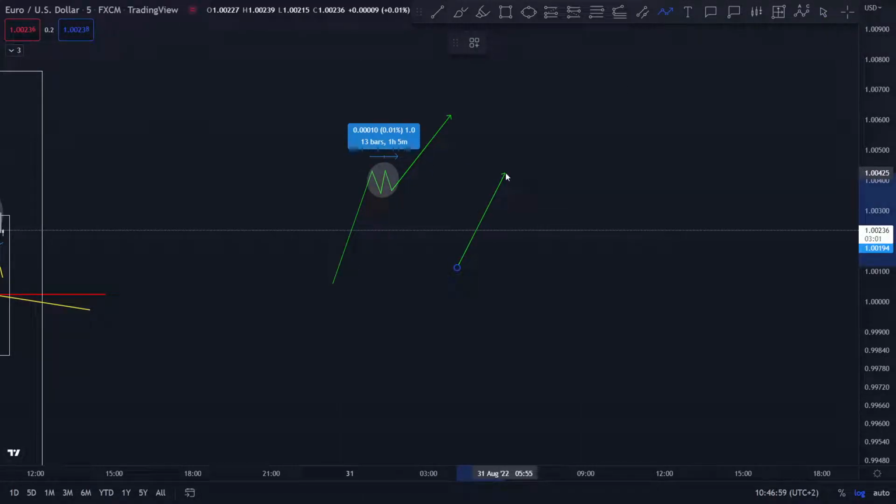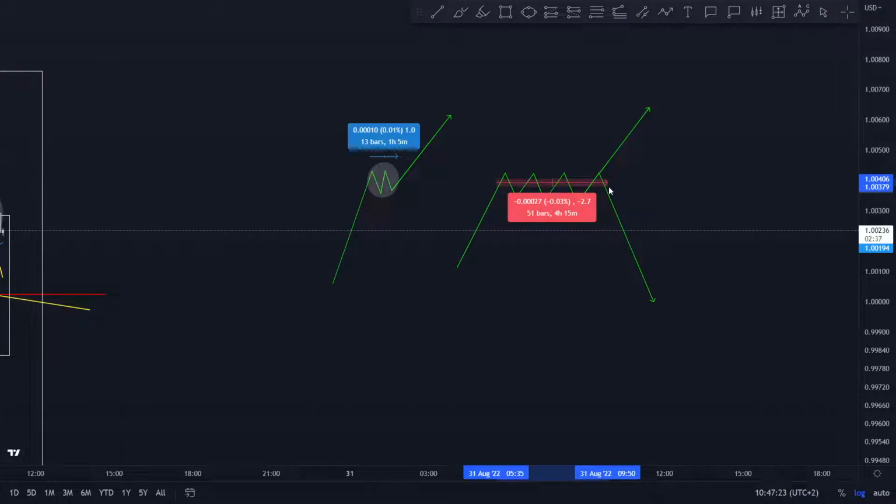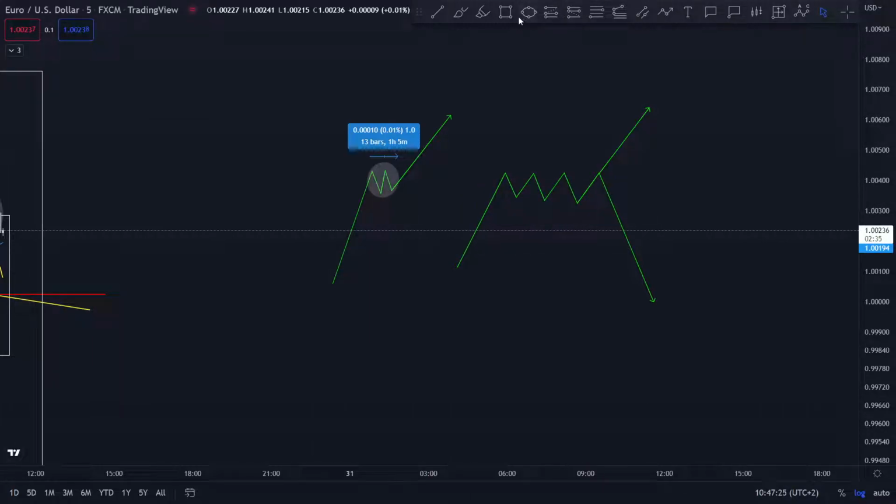So you have a bull spike, and then you have a trading range that lasted over 20 bars.